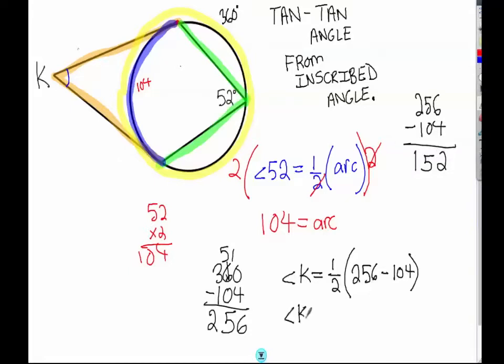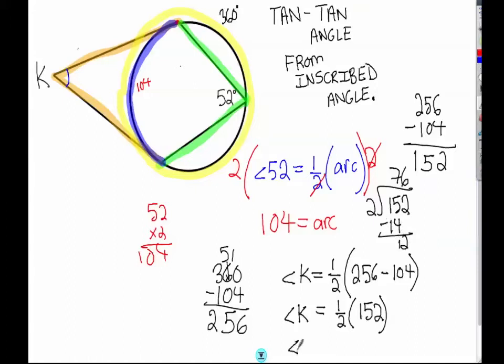So angle K is going to equal half of 152. If we divide 152 by 2, we have a 7, and then 2 goes into 12 6 times. So angle K is going to equal 76 degrees.